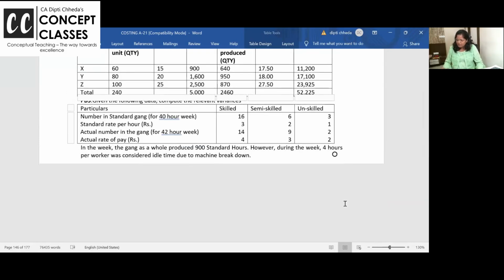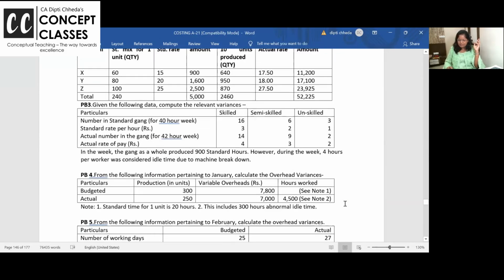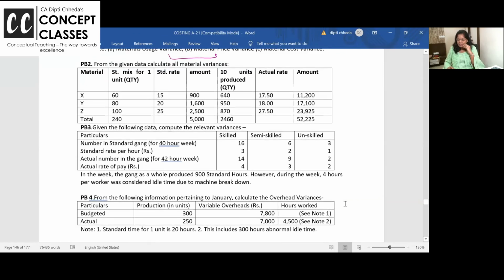From the following given data, the standard mix for 1 unit, standard rate and amount are given, and actual is given for 10 units produced. You need 3 kinds of raw material, X, Y, Z and total. Okay? I hope you are getting it.